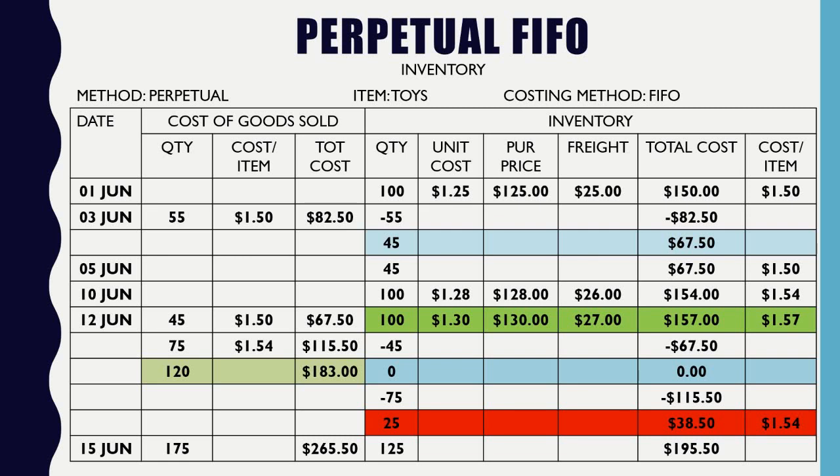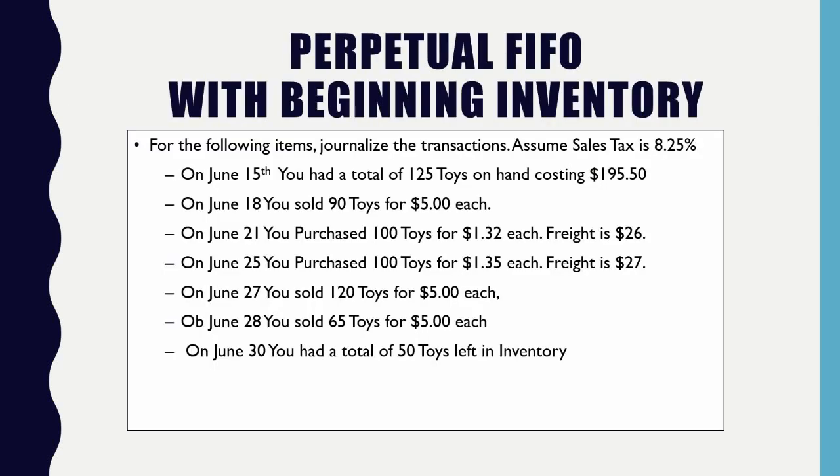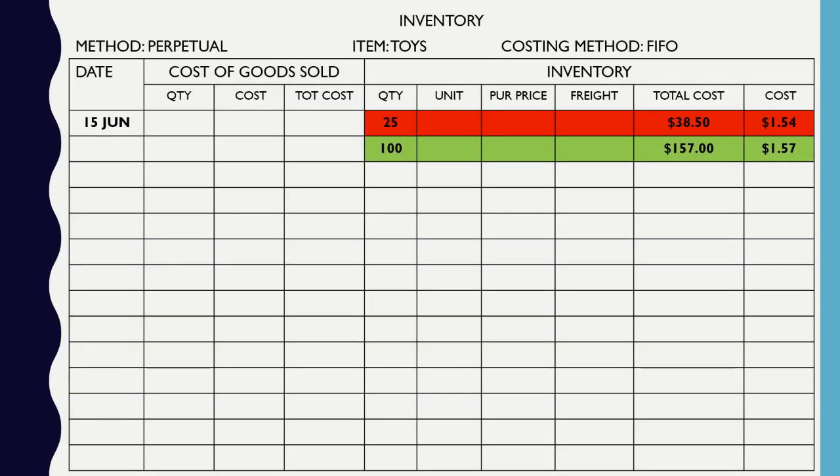So what you're going to do is you're going to carry it across and bring it into the next inventory worksheet exactly how you purchased it. So that means you're going to carry the red batch of 25 and then you're going to carry your green batch of 100, and that's where you're going to start with your beginning inventory, right? That's the first thing you're going to do: acknowledge that you have beginning inventory and this is what it is. Okay? In the exact order, right?